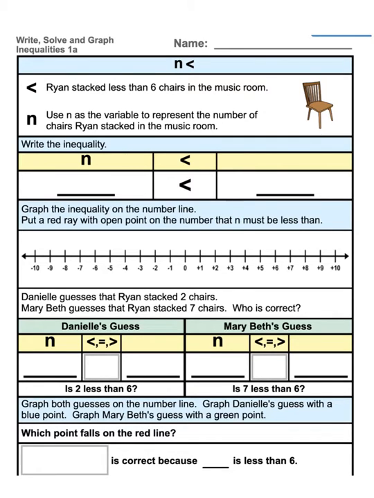So if you notice right here, we have this sign. And let me make my circle a little bit smaller. And then we have N right here. Okay.